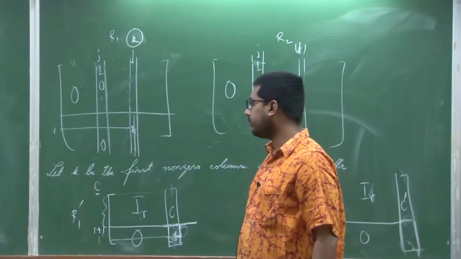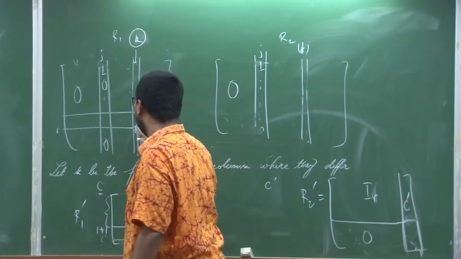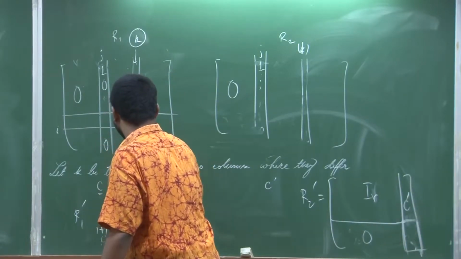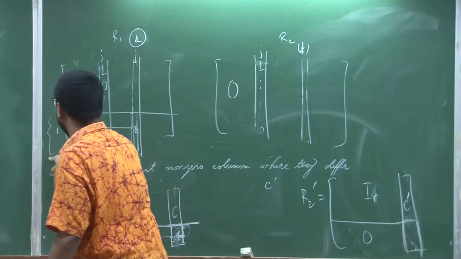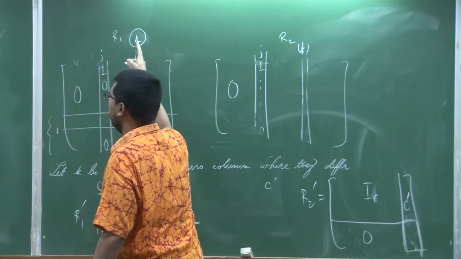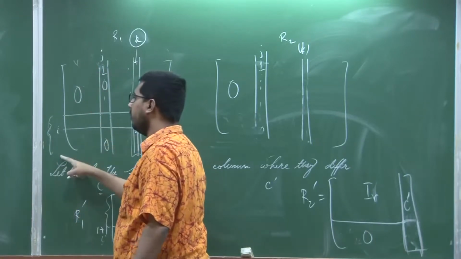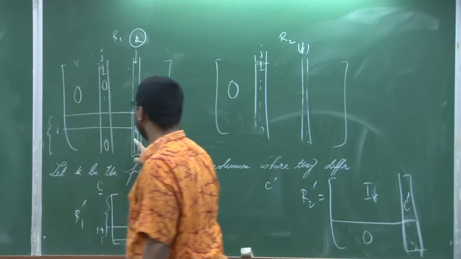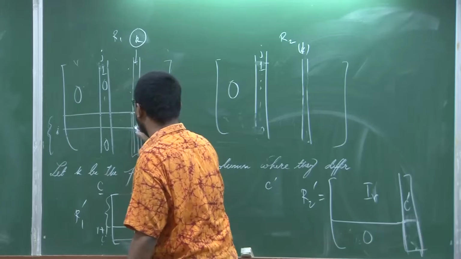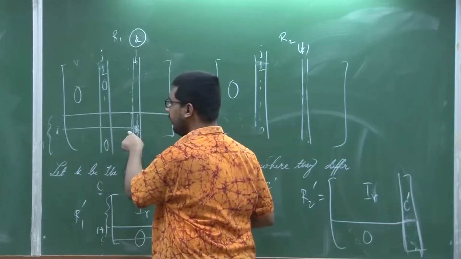Because if anything here is non-zero, and you have r columns containing the pivots before the kth column, then among the rows from r plus 1 to m there will be a row which has a non-zero entry lying here, and that means this row has a pivot.